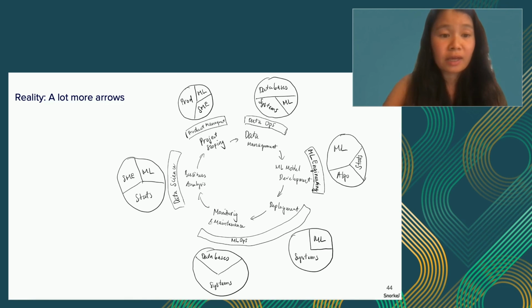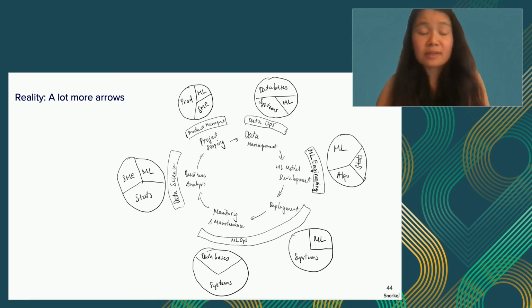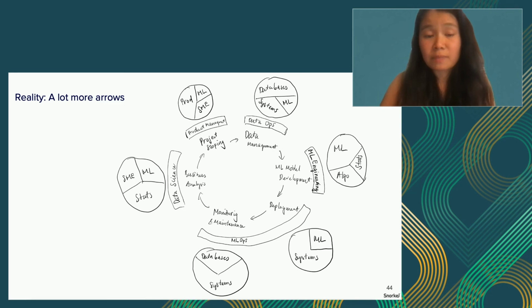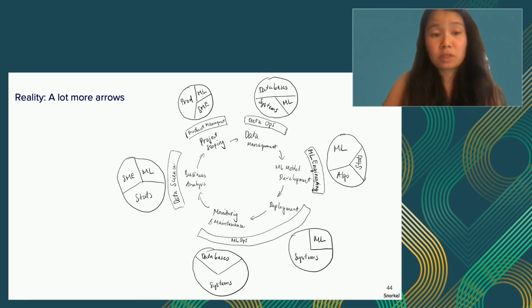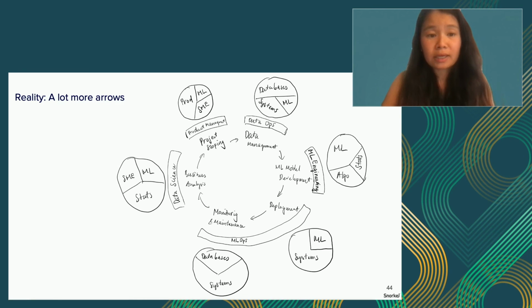For example, during business analysis, you find some insights that might be useful for developing machine learning models, and you go back to ML model development. And during monitoring, you realize there's something wrong and have to go back to development again, or go back to scoping. So these stages are extremely intertwined, and it is not linear like that.